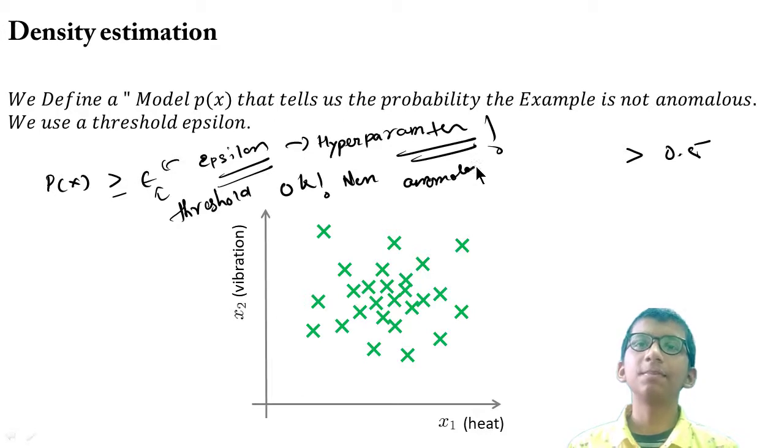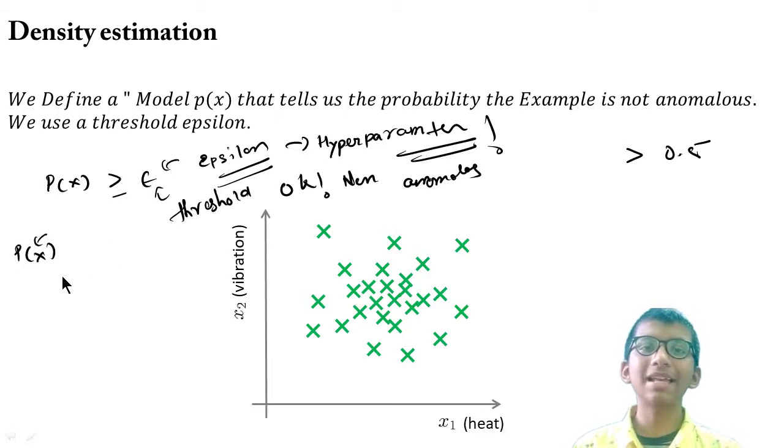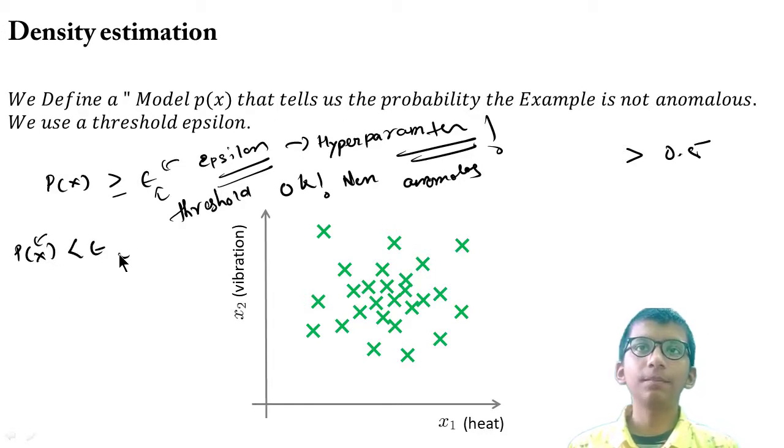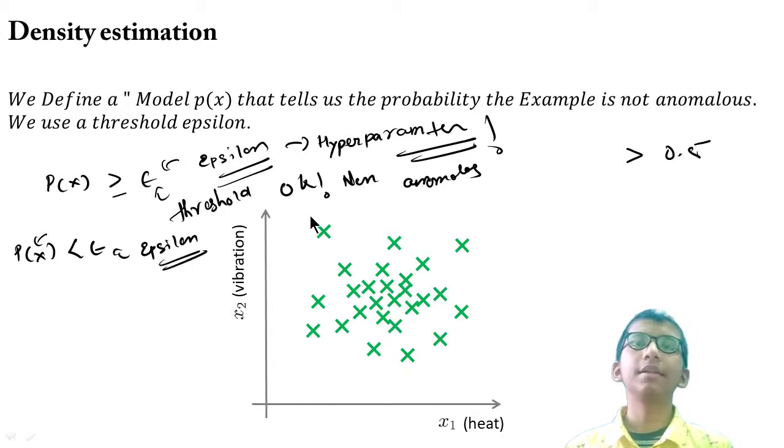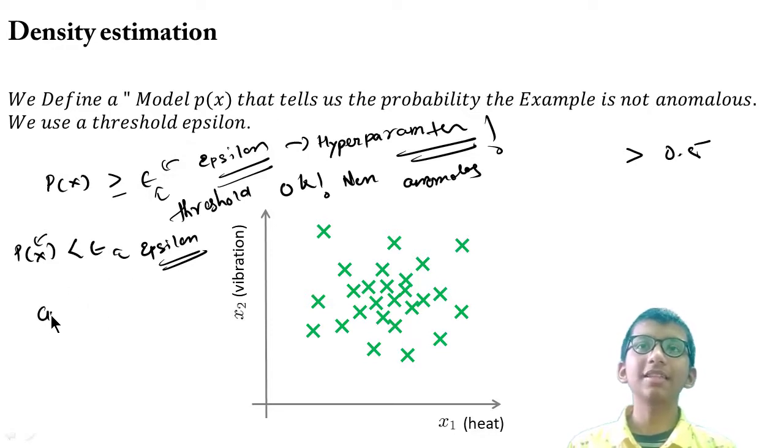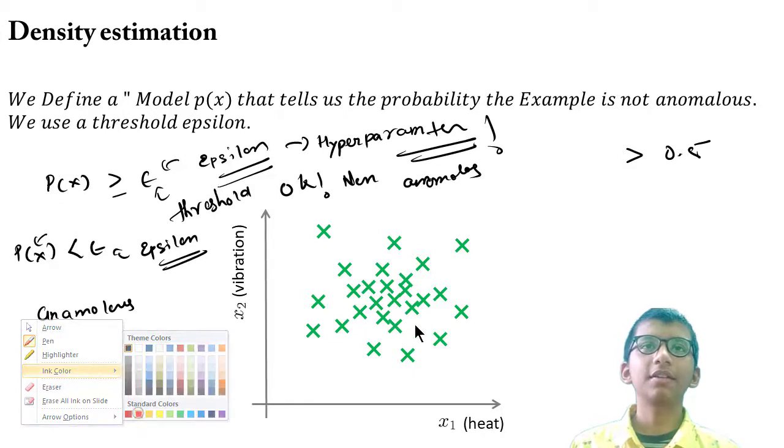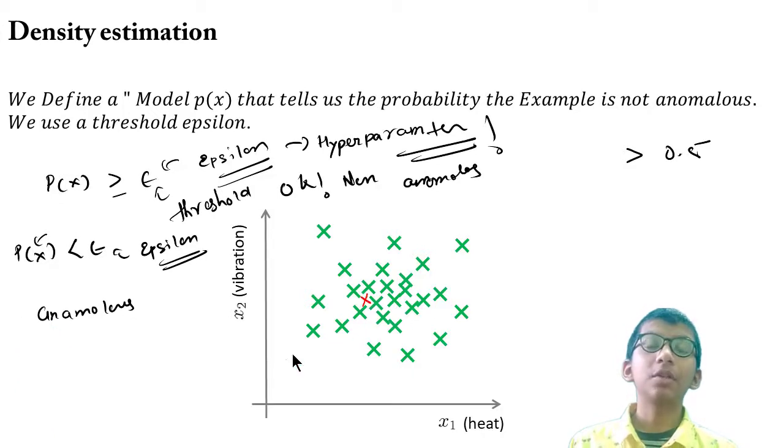And if P of X, the probability of our new example, is smaller than epsilon, we will simply take it as anomalous. So let's say this is in red color, and this is my x.